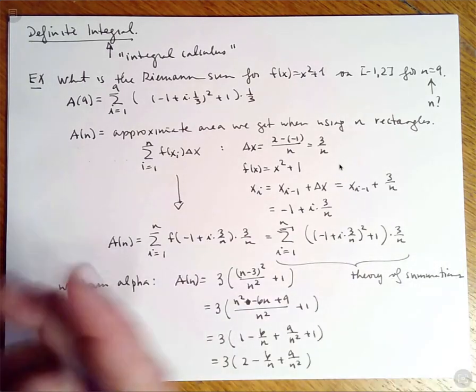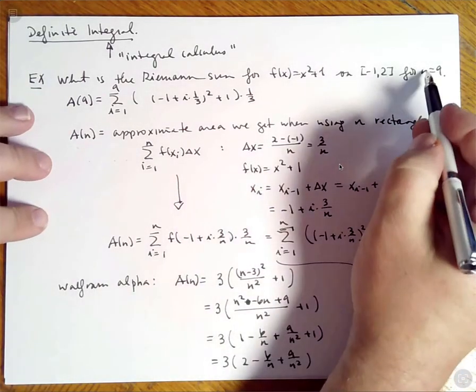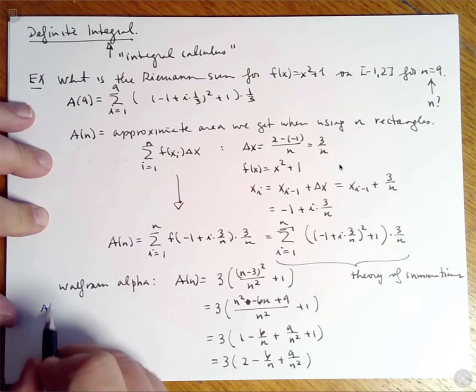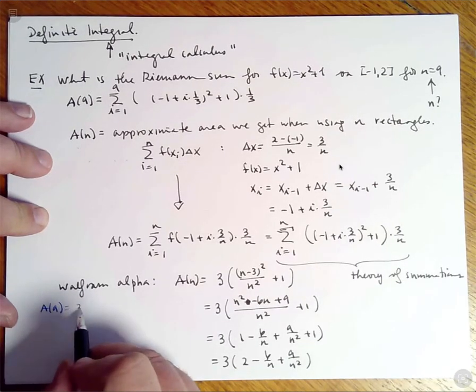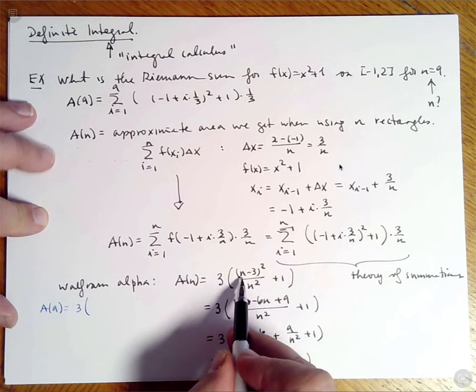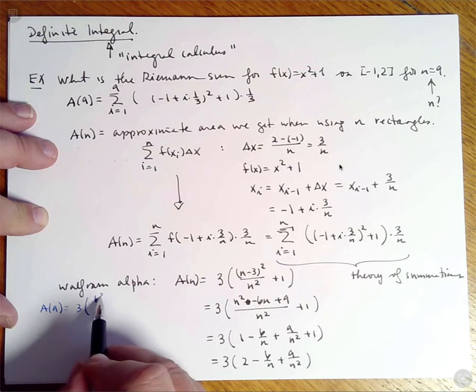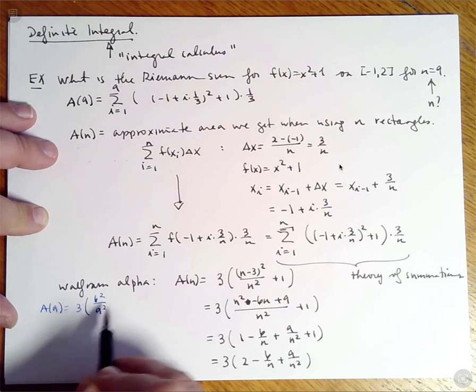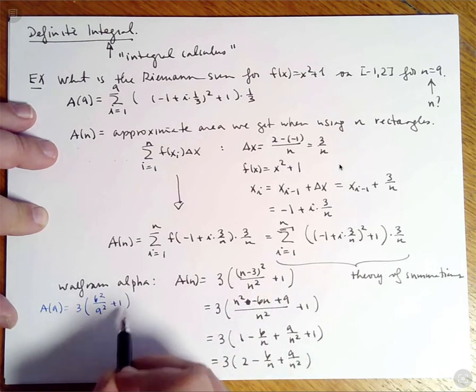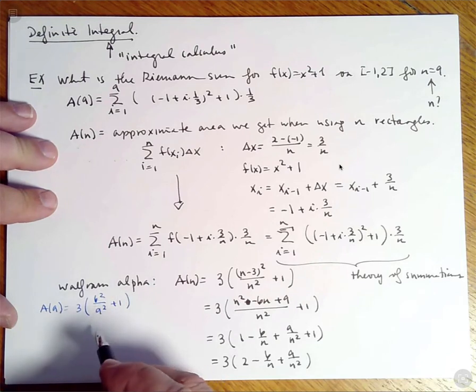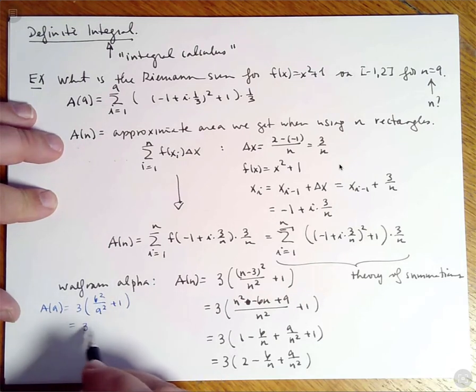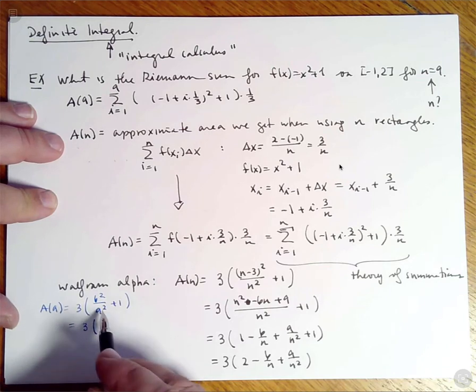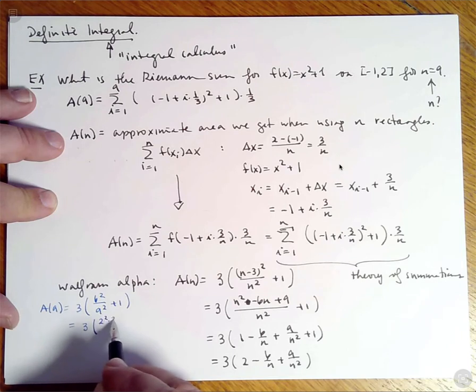So if I want to find the area with 9 rectangles, A9, that's going to be 3 times 9 minus 3, which is 6, so 6 squared over 9 squared plus 1. And so what is that? 3 times, so how should I do this? That's 2 squared times 3 squared. This is 3 squared times 3 squared.